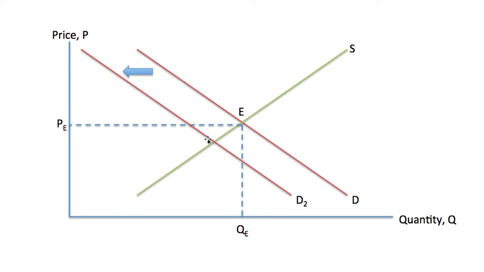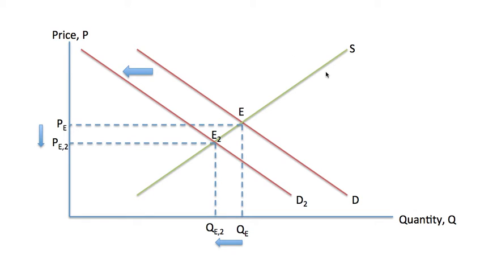In this case, you will notice here we have a new point of equilibrium, and in this case this new point of equilibrium has a lower price and a lower quantity. Here, of course, provided that there was no change in the supply curve.